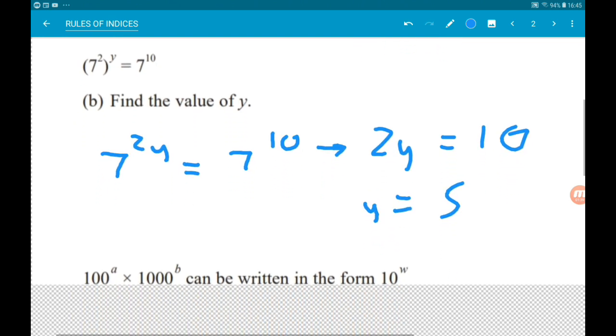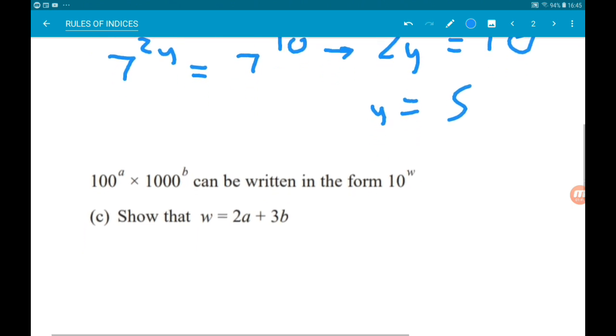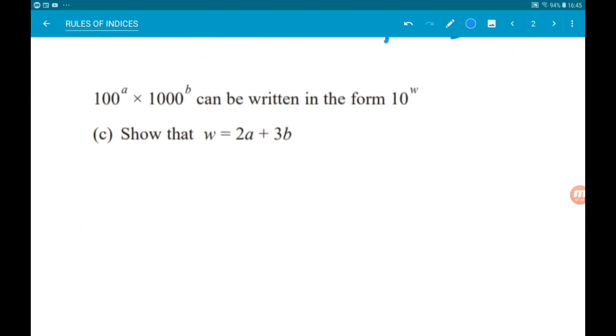Okay then, for part C. 100 to the power a times 1000 to the power b can be written in the form 10 to the power w. We want to show that w is 2a add 3b. Okay. So, what we're going to need to do for this one is turn both terms into something to do with 10.